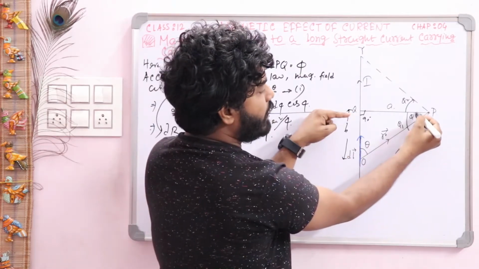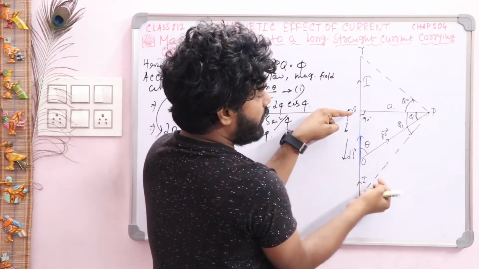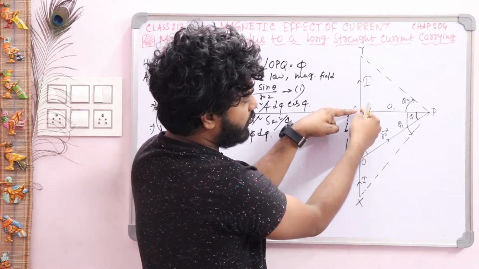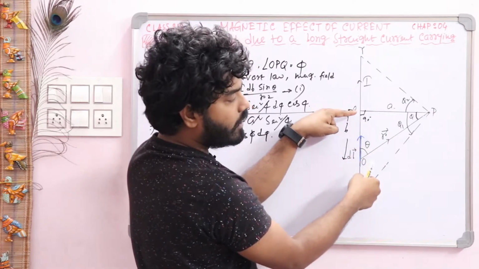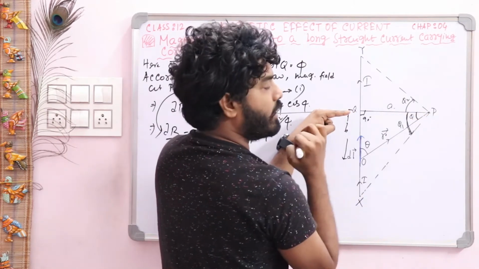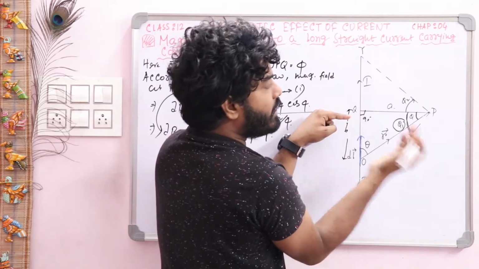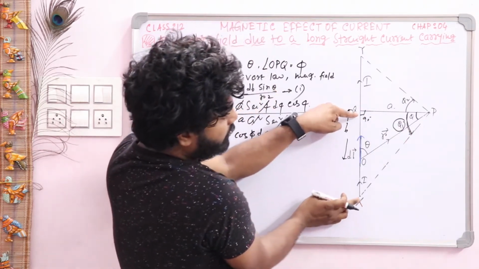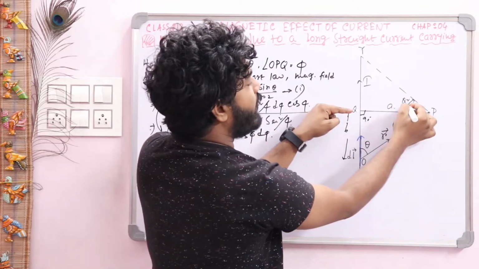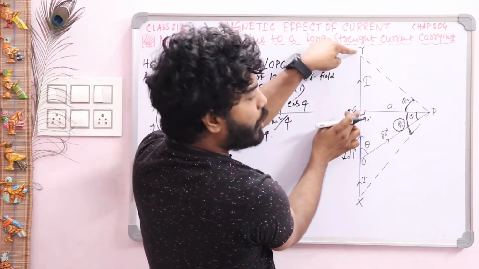When phi is increasing in the downward direction, the value of magnetic field is also increasing this way. Now suppose this angle is phi 1, so when you consider the angle phi 1, you will get the magnetic field for this length. Similarly, when you use this angle phi 2, you will get the magnetic field for this length.